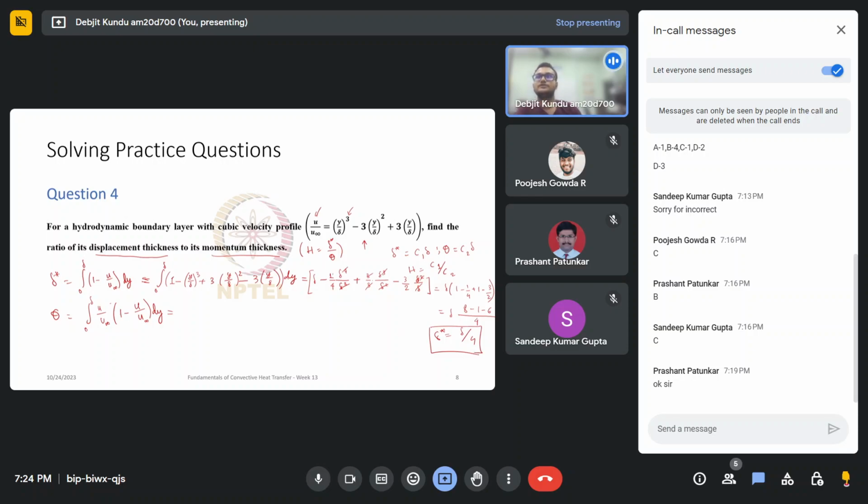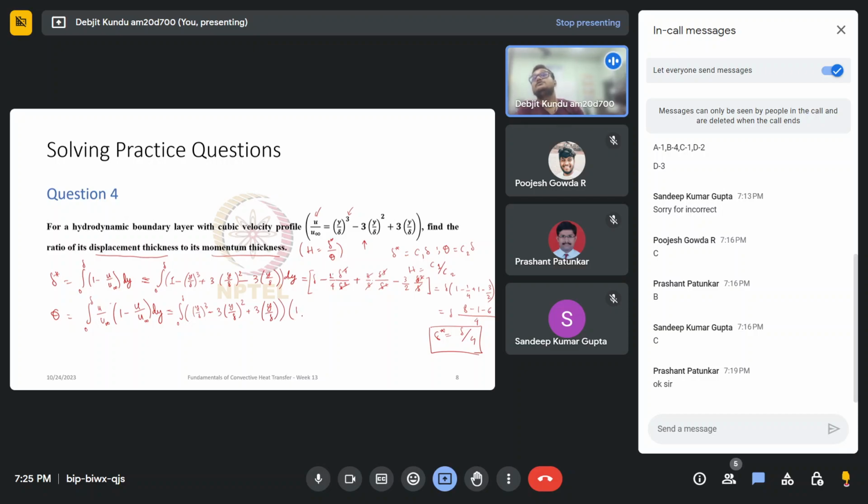Now let's do this one. This would be a bit more involved since it has a multiplication of these two terms. So u by u infinity would be this entire thing, I'll copy it, and this thing over here.